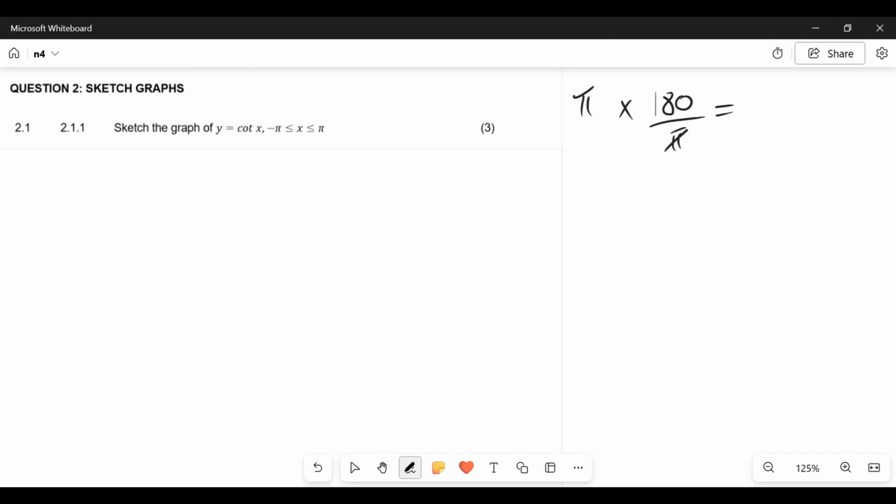Meaning pi over pi gives you 1, multiplied by 180. So pi is 180, meaning negative pi is negative 180. So our restriction is from negative 180 to positive 180. I'm going to use a red color to indicate this in degrees. So we can say negative 180, and here positive 180.